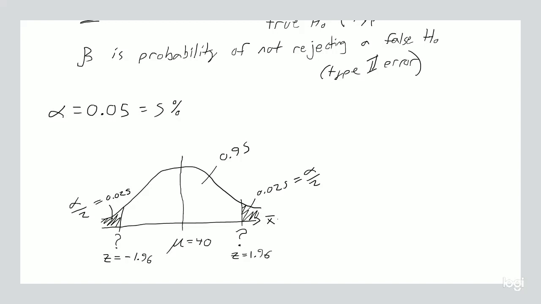So whatever sample mean we get, if on the Z scale it is above positive 1.96, it's in the positive rejection region, and we reject our null hypothesis. If, on the other hand, it's below negative 1.96, then it's in the negative rejection region, and again, we reject our null hypothesis.